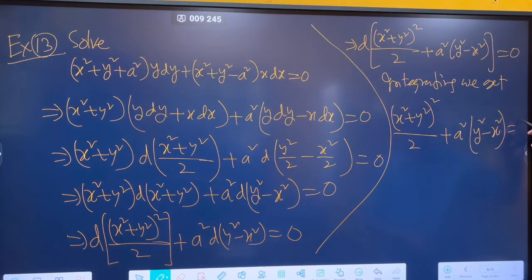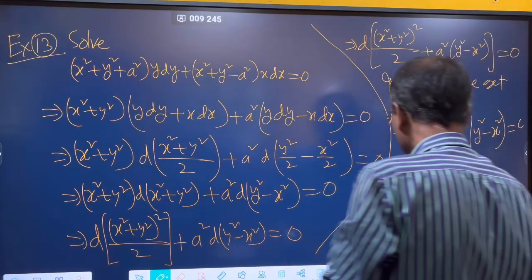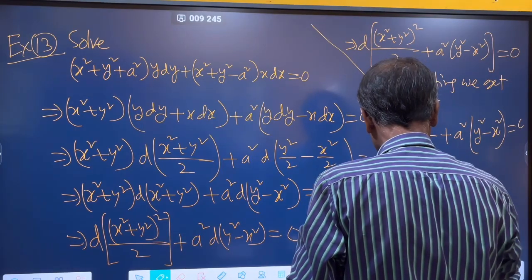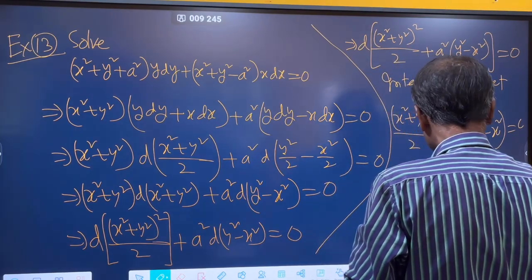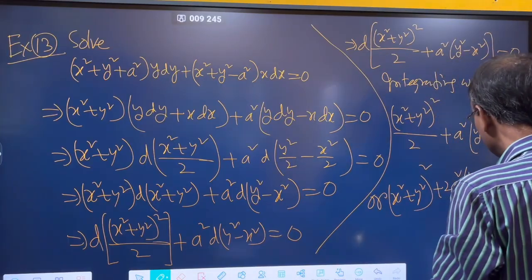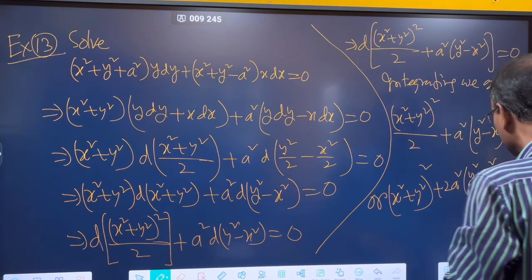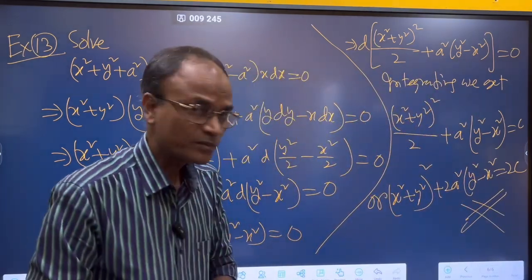Integrating we get this equal to constant. Or you may write x square plus y square whole square plus twice a square y square minus x square is equal to twice C. This is the solution of this problem.